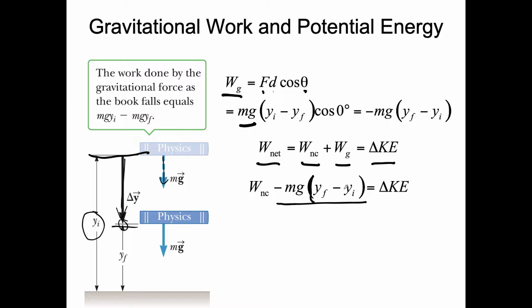Now this makes sense because we know gravity is doing positive work in this case. y_f subtract y_i is a negative number. Negative times negative makes it a positive number. And the work done by gravity is positive in this case.